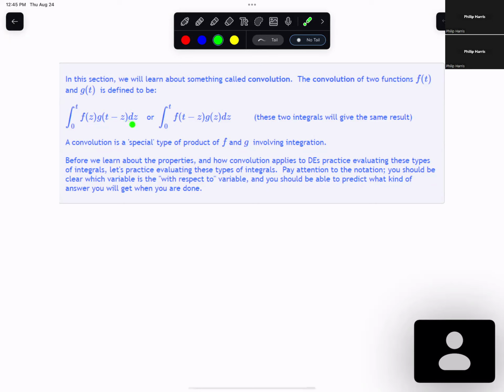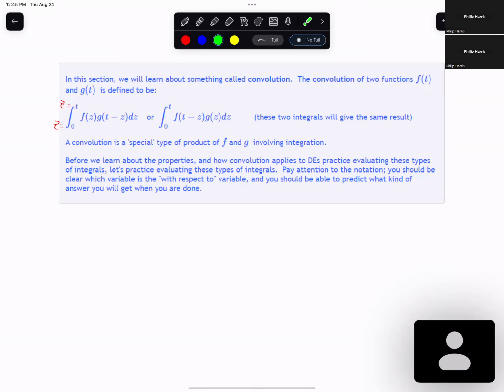Once we are done integrating with respect to z, we then substitute z equals 0 and z equals t into our result. Therefore, the end product will not have any z's left in it. It will end up having t's in it. So again, this is a special kind of product.